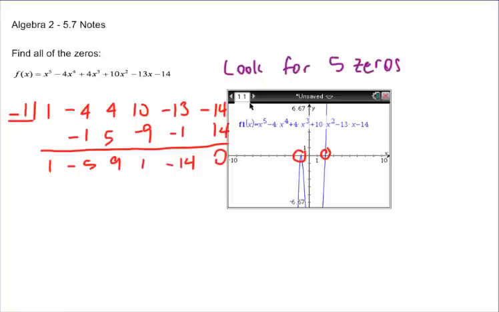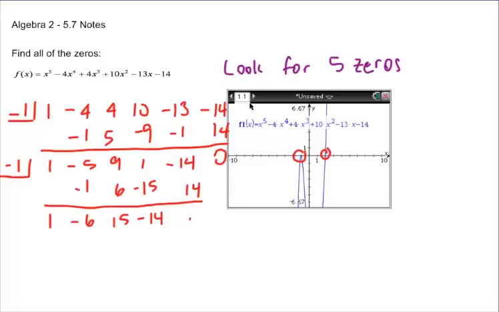And since it bounces off the x-axis like this, that usually indicates that you've got a number that can be used more than once. So let's just try -1 again and see. If it gives us a remainder of 0, it works. If it doesn't, no problem. We'll sort it out in a minute. So again, with the synthetic division, and looky here, it works out again.